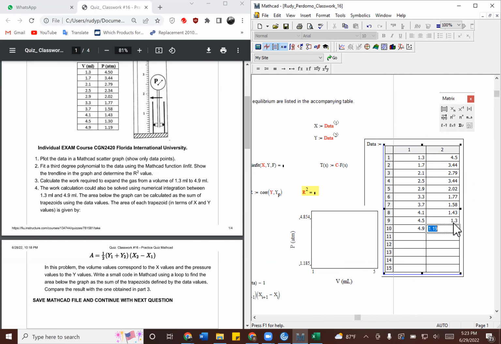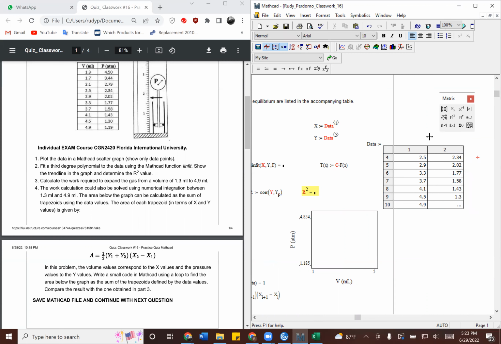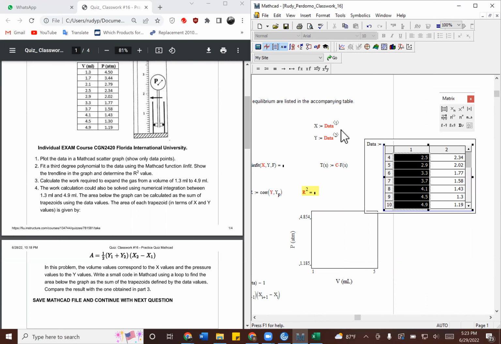Oh. I can't even redo it. These tables are so annoying. So I had it scrolled down like this. You see how the row was? Oh, I see. Okay. Yeah, it was dumb.